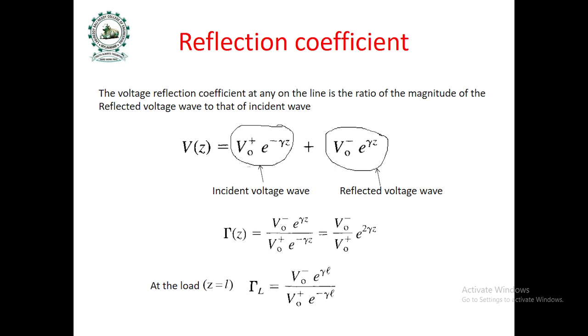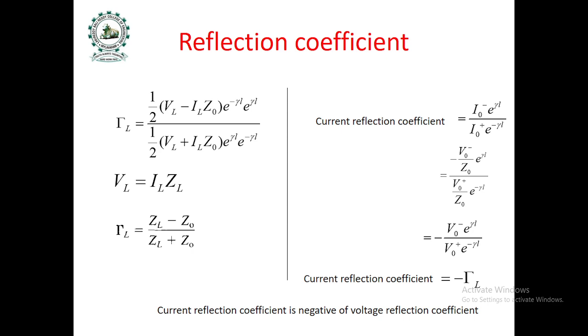Minus means reflected wave, plus means incident wave. So reflection coefficient at the load, gamma L equal to ZL minus Z0 by ZL plus Z0. The current reflection coefficient at any point on the line is the negative of the voltage reflection coefficient.